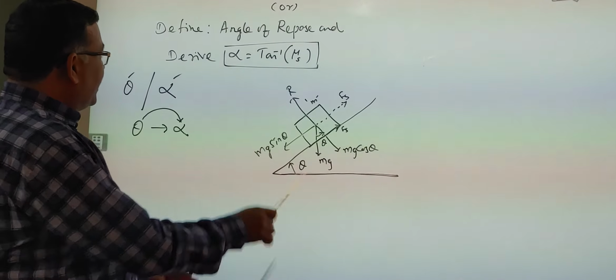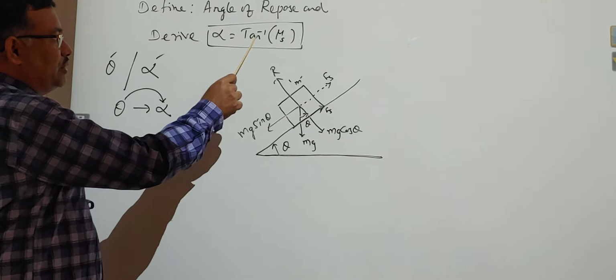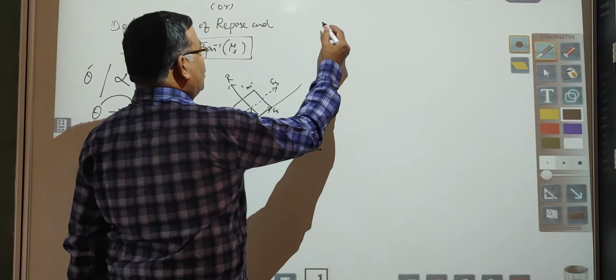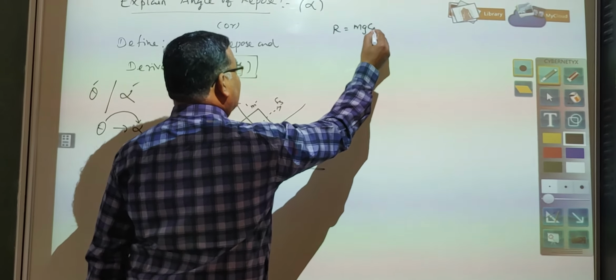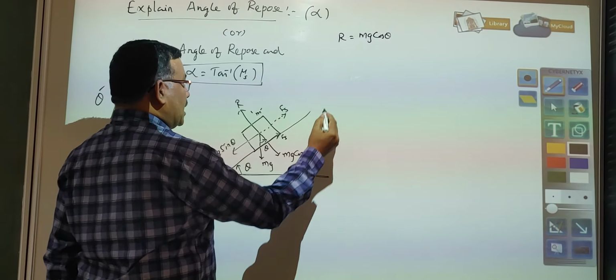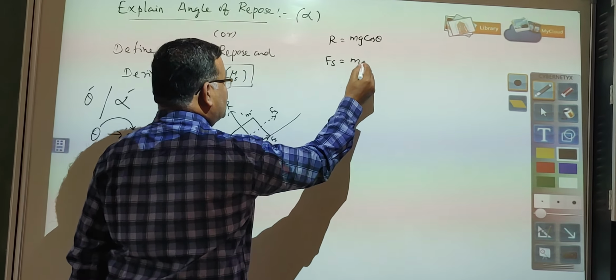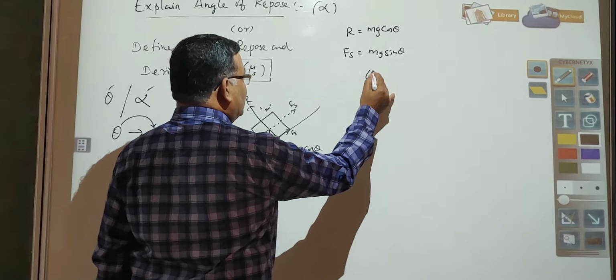So we have to derive from this inclined plane diagram, alpha is equal to tan inverse of mu s. How to derive? You know, from the diagram, in the equilibrium condition, R is balanced by mg cos theta, and also Fs is balanced by mg sin theta. When the body is just about to slide down, theta turns into alpha.